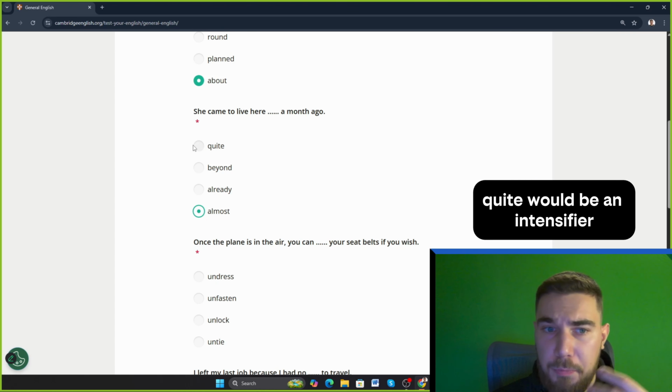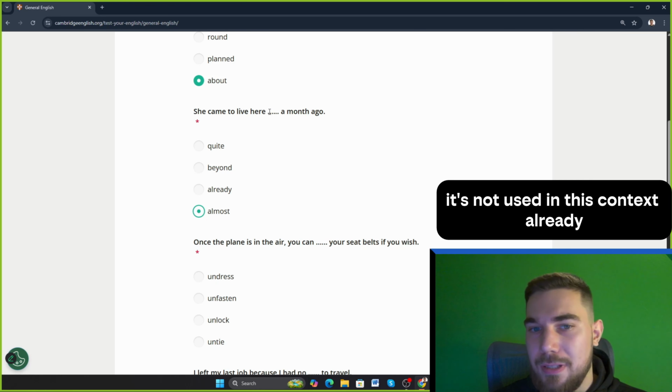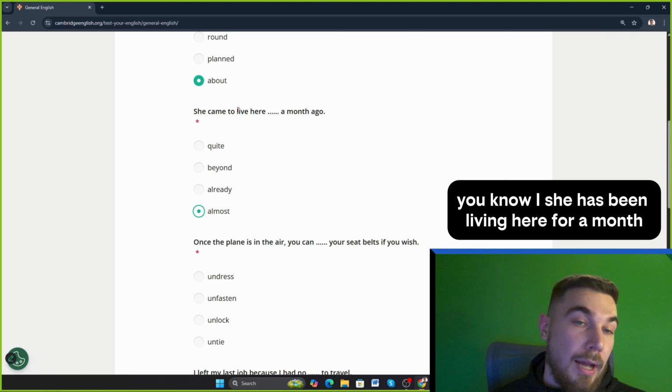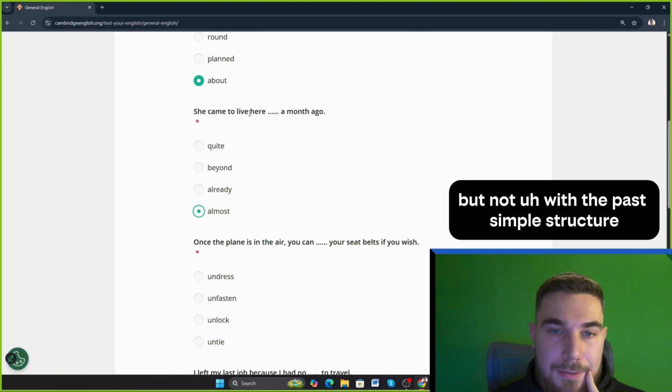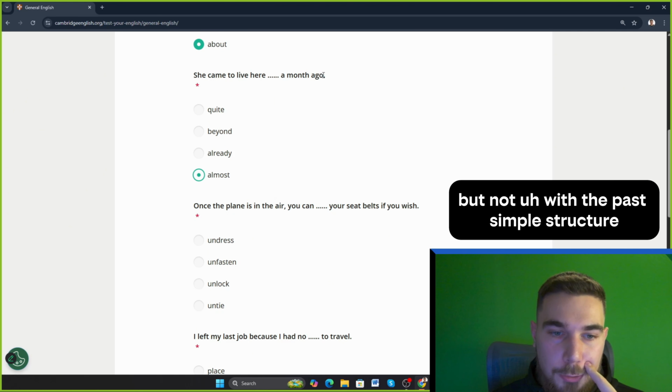Quite would be an intensifier, so it's not correct here. Beyond, it's not used in this context. Already will mostly be used with present perfect. You know, she has been living here for a month, but not with the past simple structure.